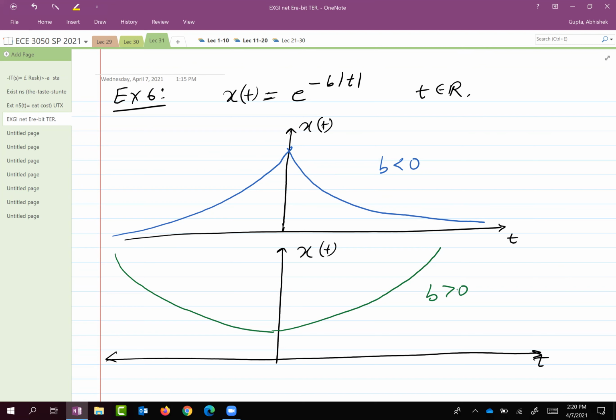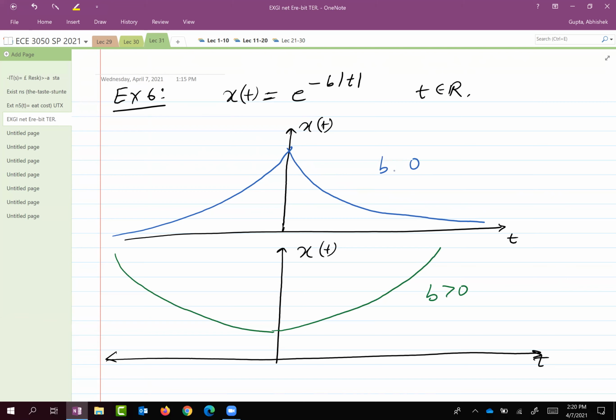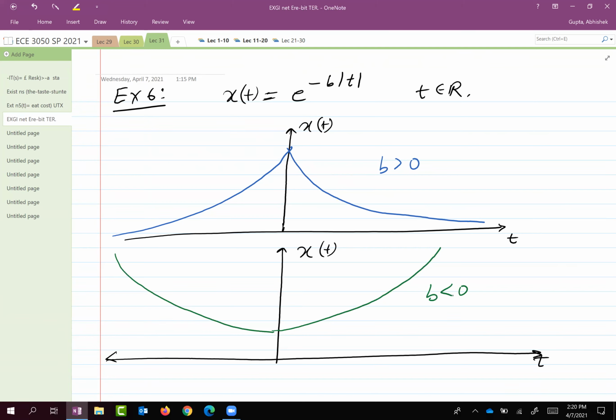Oh, I'm sorry. I think it should be the other way around. This is b greater than 0. This is b less than 0. Because of the negative sign, when b is positive, it decays exponentially, and when b is negative, it grows exponentially fast.